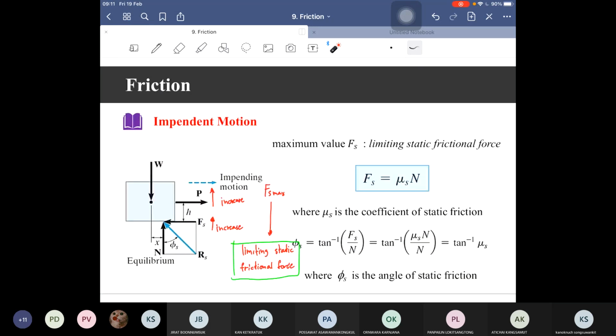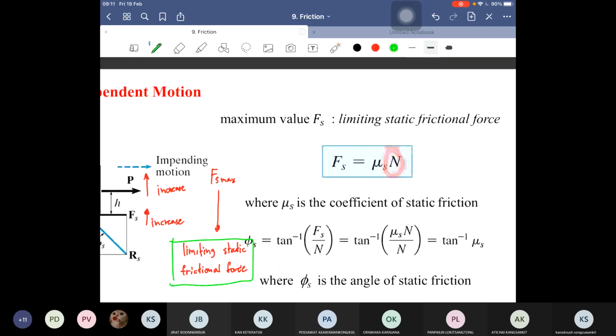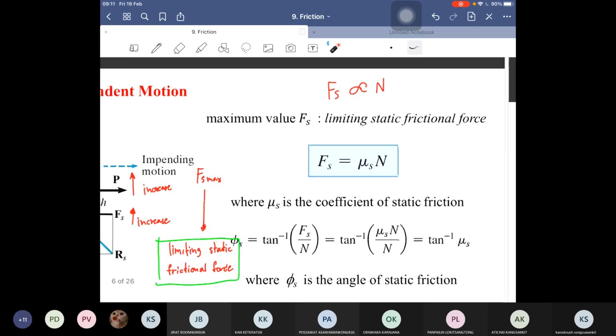From this experiment, the limiting static frictional force Fs is directly proportional to the resultant normal force N. Okay, so we have one constant, and that constant is mu s.